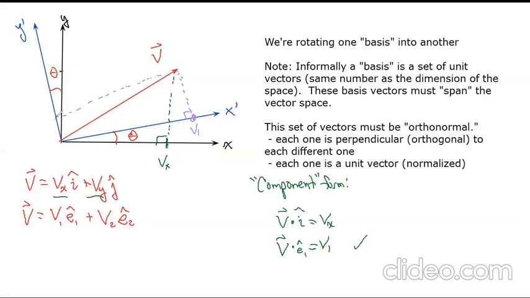So in some sense, what we've done with this rotation is we changed our axes. We have a new basis that in that particular basis, V has more x component and less y component. And the matrix that we determined that performs this rotation will actually reflect that.